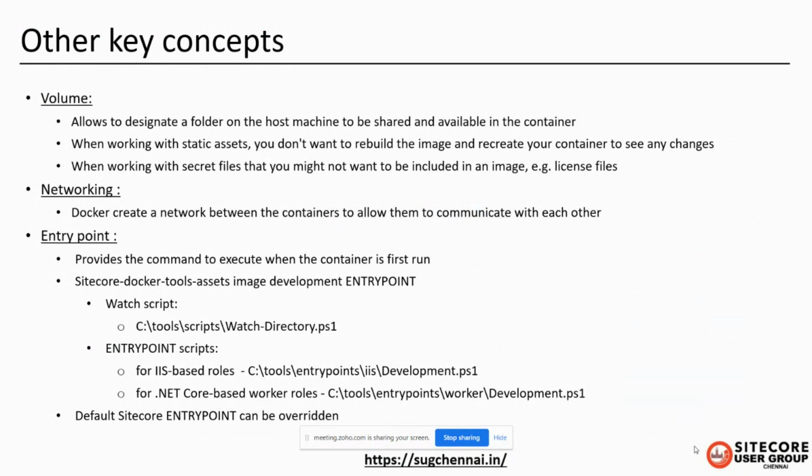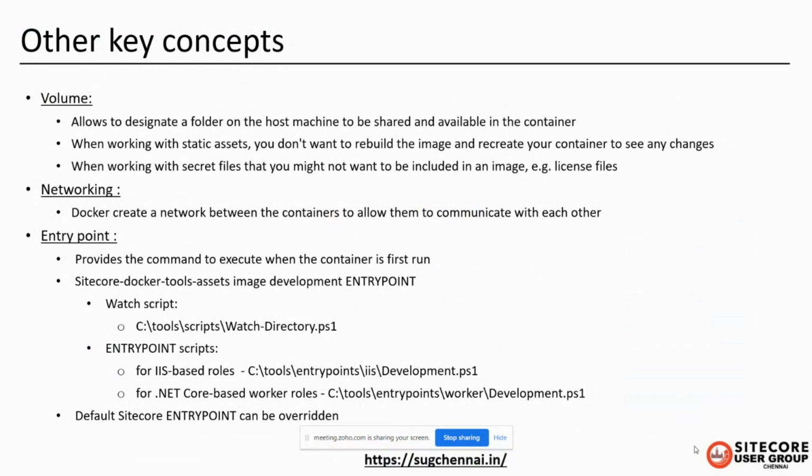There are many occasions when it's useful to share files between the host and container. A couple of good examples are when working with static assets, you don't want to rebuild the image, and you no need to recreate your container to see the changes. Another is when working with secret files that you might not want to be included in an image. Simply you can place that file and it will be available in the container.